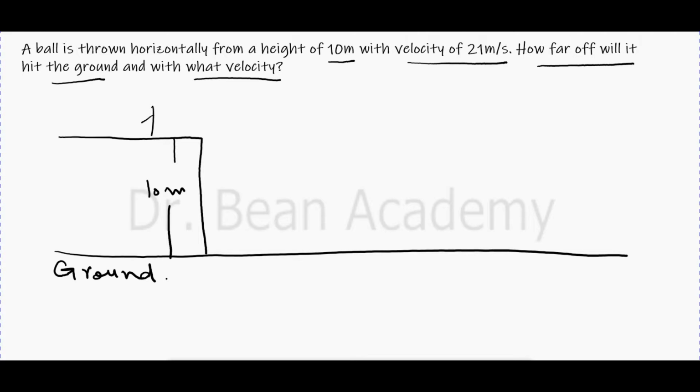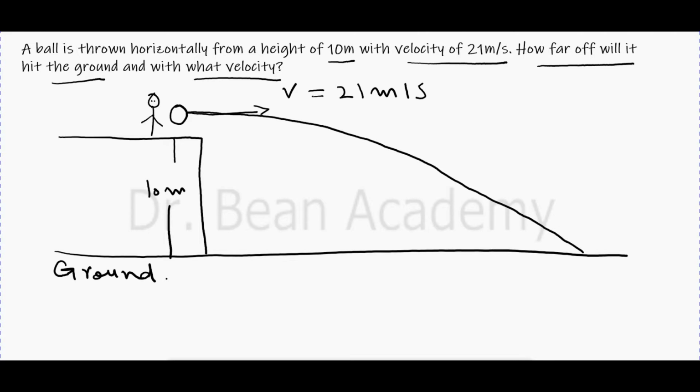So someone throws a ball horizontally with a velocity of 21 meters per second. As a result, we know that initially the ball will go straight, but then because gravity will work on it, it will follow a path something like that.